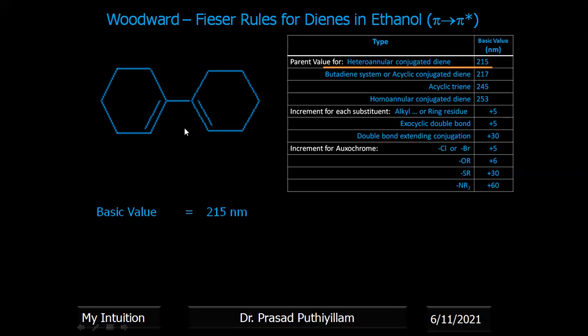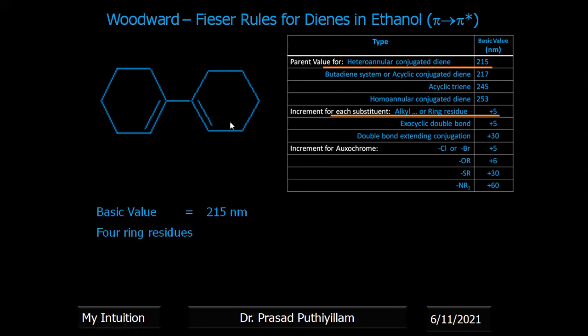Then ring residues, alkyl substitution. How many ring residues do we have? Okay, so this I will not consider as a ring residue, that is in the conjugation. Here one ring residue, here one ring residue, here one ring residue, here one ring residue.